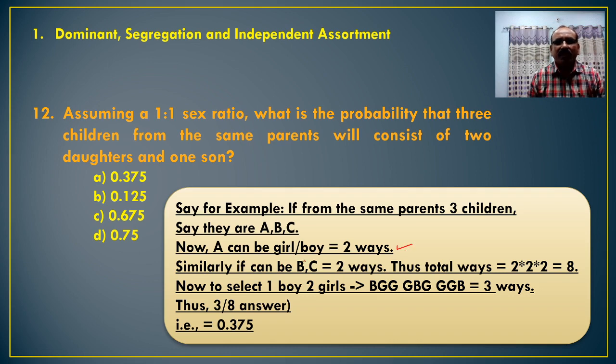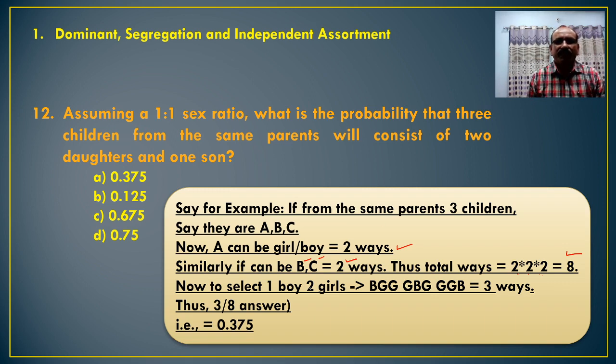Similarly for B and C, 2 ways each. Thus the total becomes 2 into 2 into 2, for the first child, second child and third child. Hence we have 8 different ways.